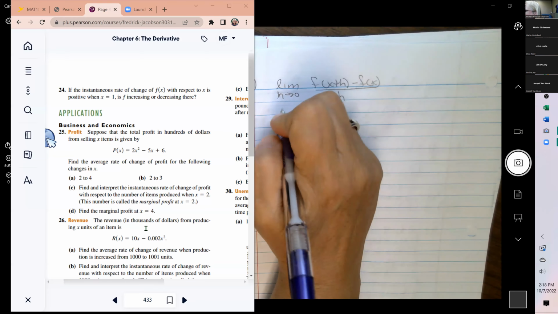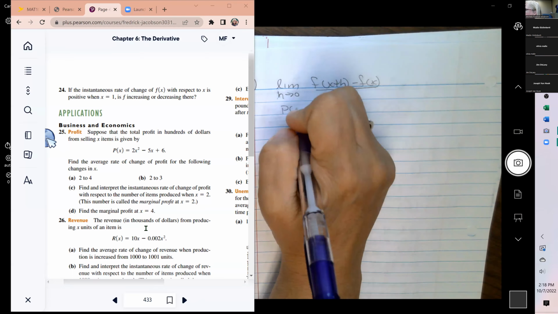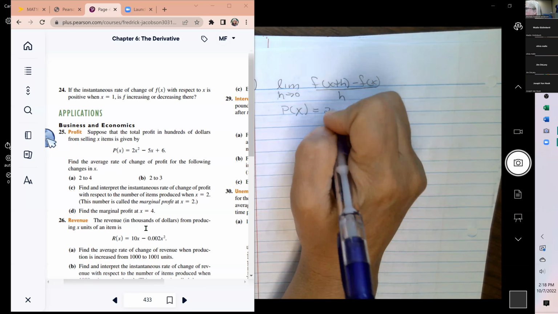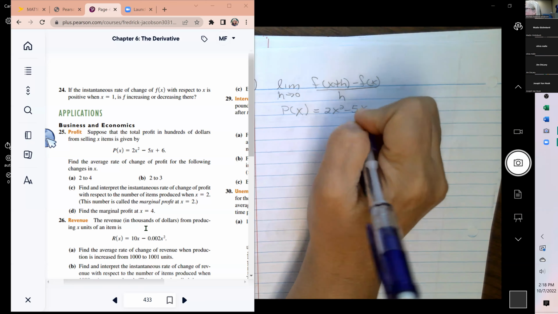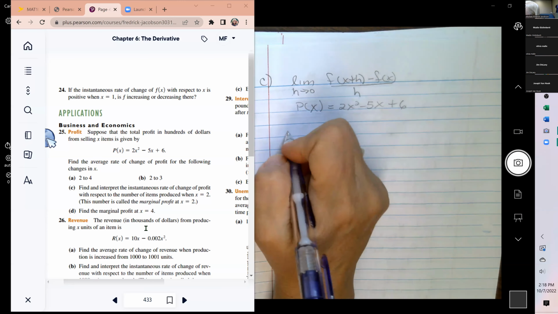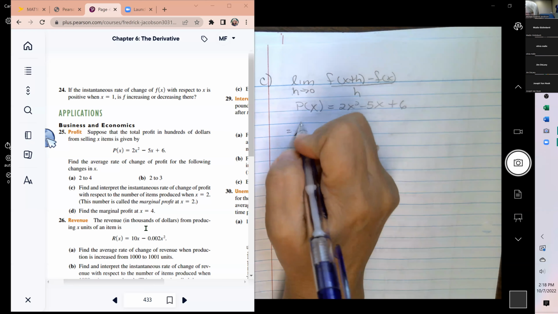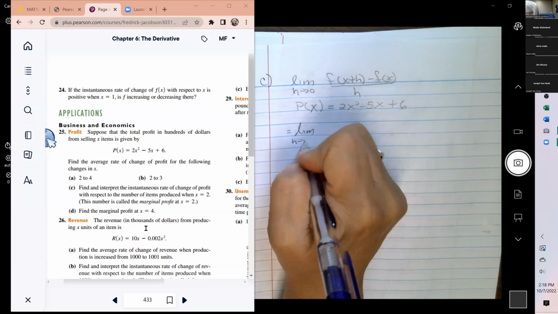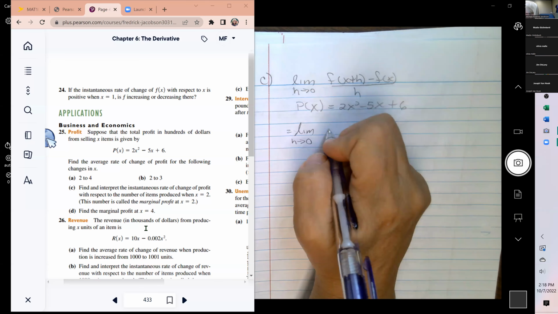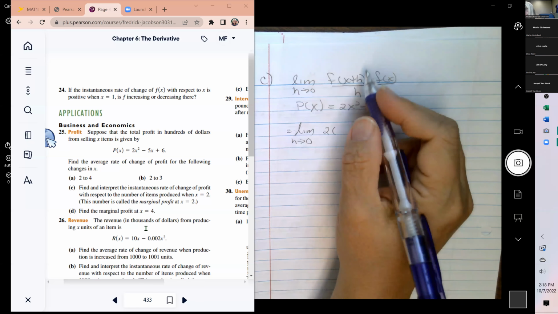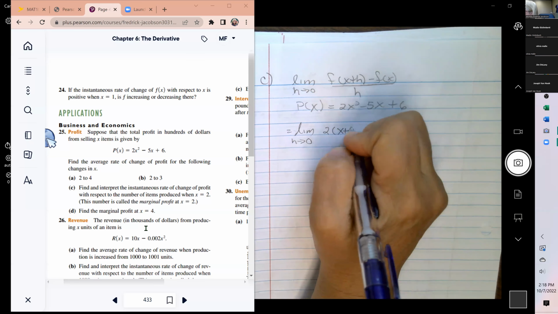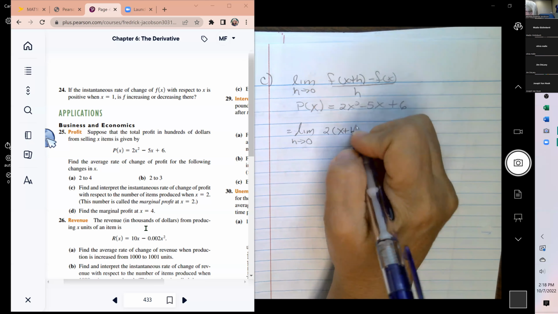So P of X. First thing we want to plug in is X plus H. That's why I had you do a bunch of these to practice before we added limits.